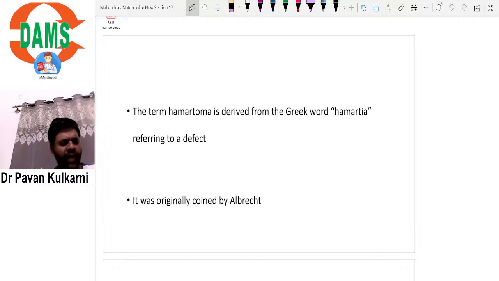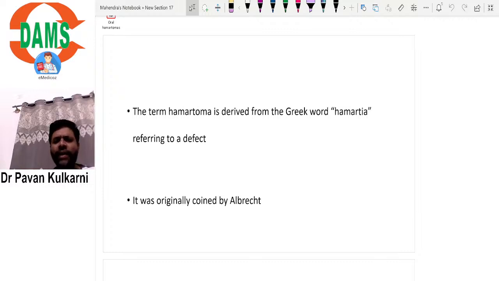Today we are going to discuss a very interesting topic called oral hamartomas. To understand this exactly, you might have heard of the words hamartoma, choriostoma, teratoma. These are all very common.